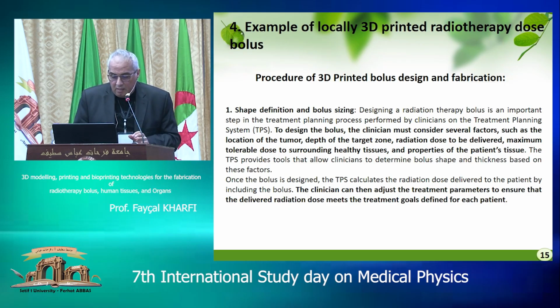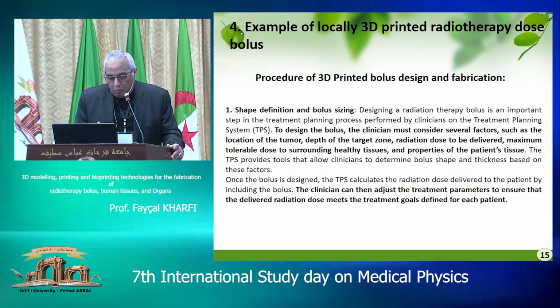Here, a very important thing: because we are using some materials that are not in the treatment planning system, if the clinician wants, for example, to select any 3D printing material, the data must be included in the TPS. This phase was achieved by our team.